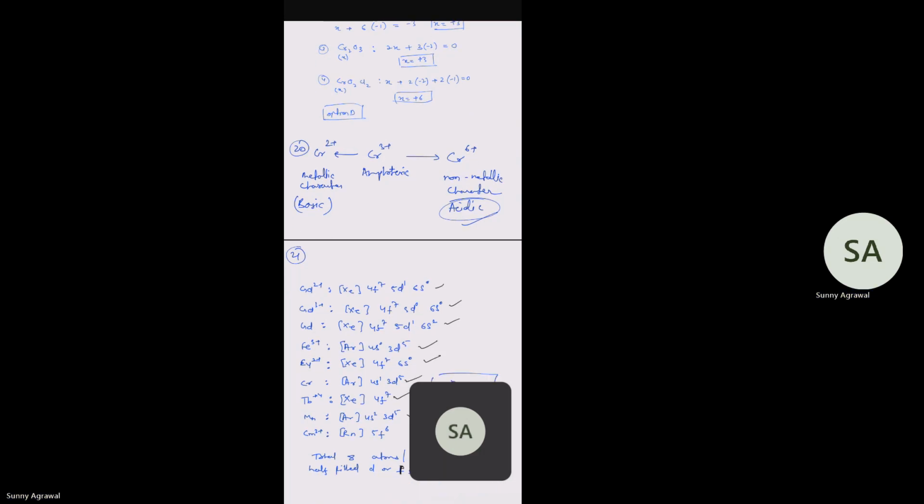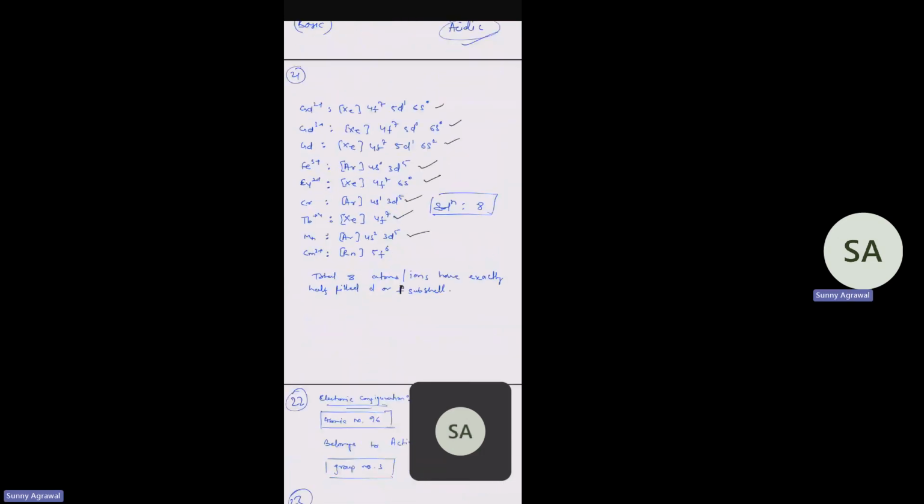Option A. Question number 21. Find the number of atoms or ions which have exactly half filled d or f subshells. Gd2+, when you write the configuration, will have a half filled 4f configuration. Note that it says either, so you have to consider either half filled f or half filled d.